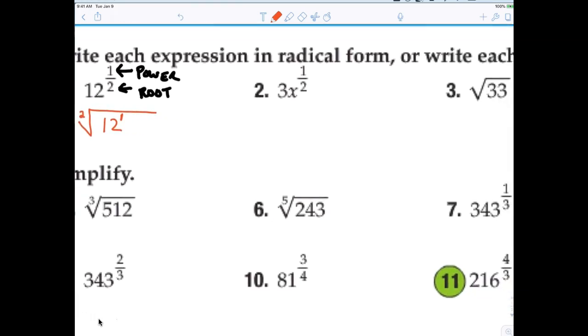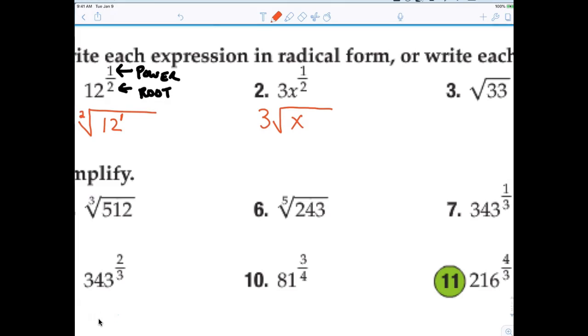So for question number 2, again, we're talking about a square root. Now, do I have to put the 2 out in front of that? No. And then, I almost made a mistake. The 3 goes on the outside, and the x goes on the inside. Now, how did I know the 3 went on the outside?